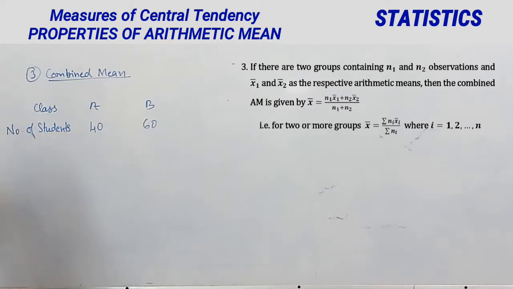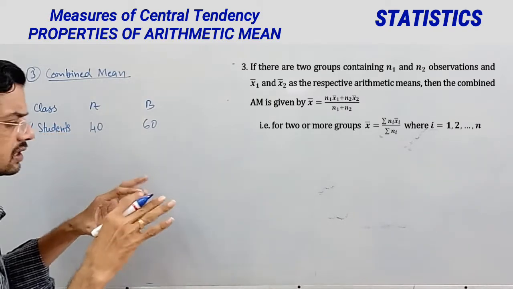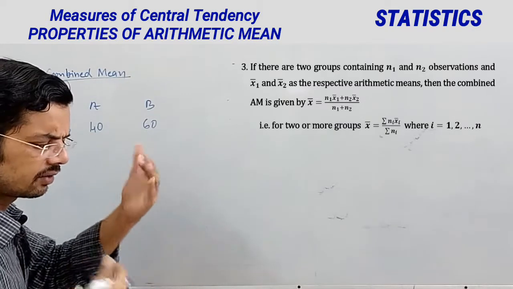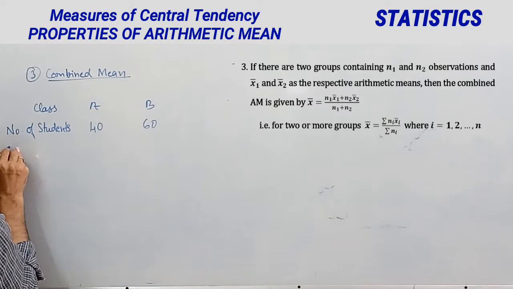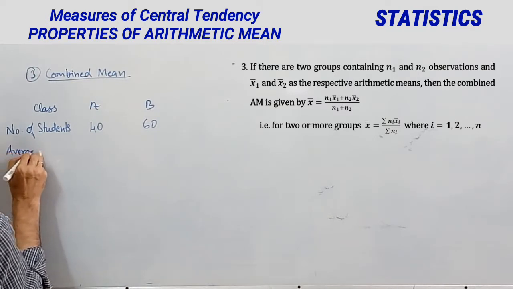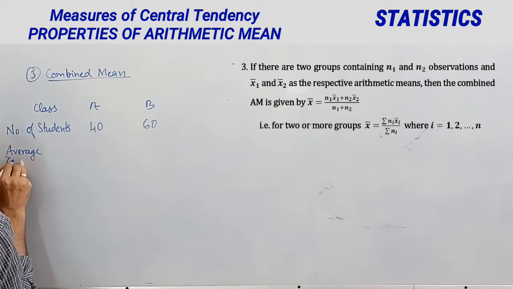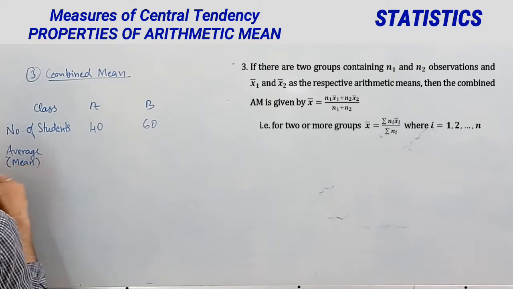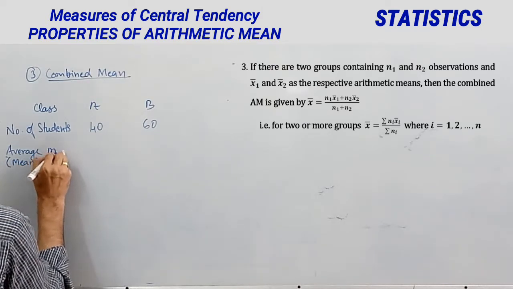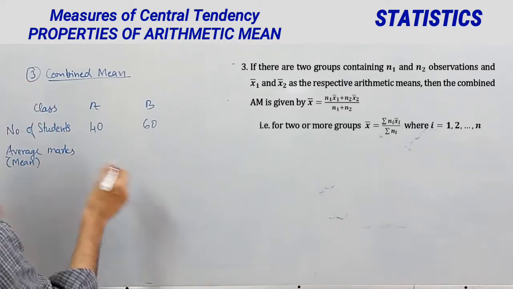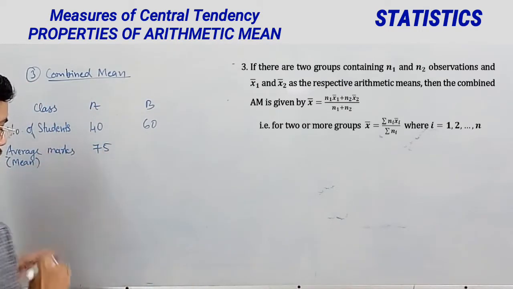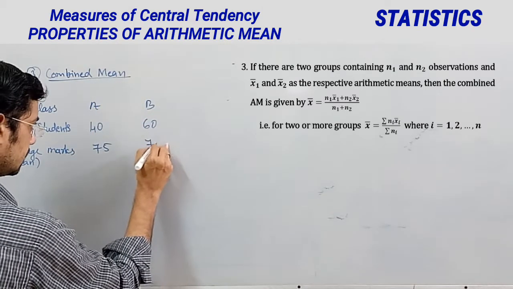Now what are their average marks? Suppose a test was conducted and we are talking about the average performance of these classes. The mean marks of class A is 75, and the mean marks of class B is, say, 70.